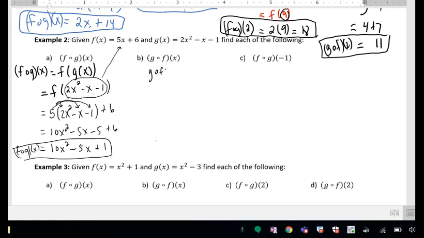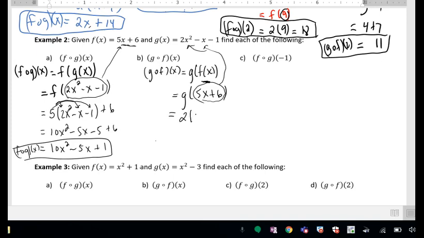So g composed of f of x is the same as g of f of x. So here I'm going to replace my f of x with 5x plus 6. And then everything that is in the parentheses, I'm going to replace it for my x in my function g.